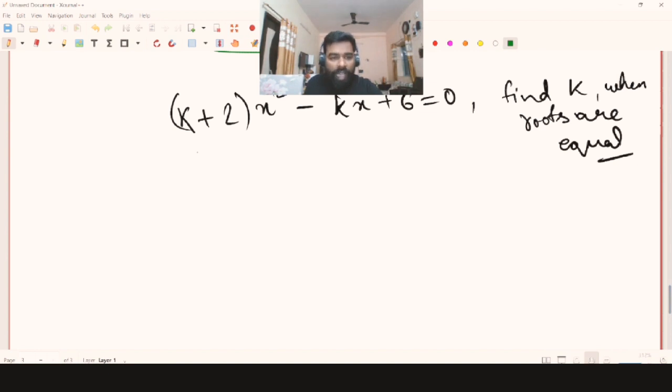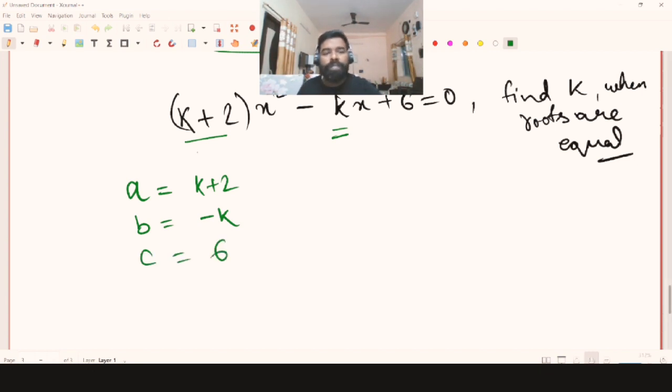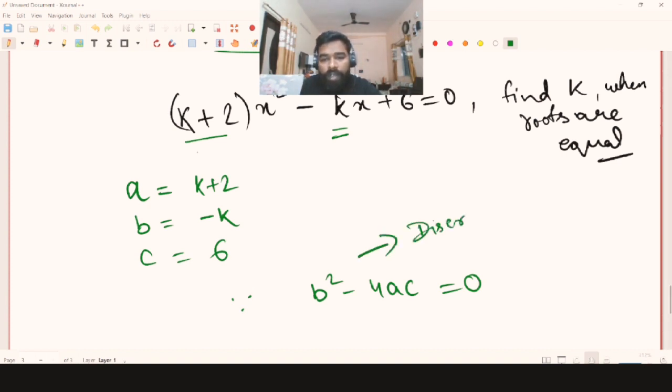So we need to check what a, b and c are. a is k plus 2, b is minus k, and c is 6. So we have a, b, c, and b square minus 4ac equal to 0, which we call the discriminant.